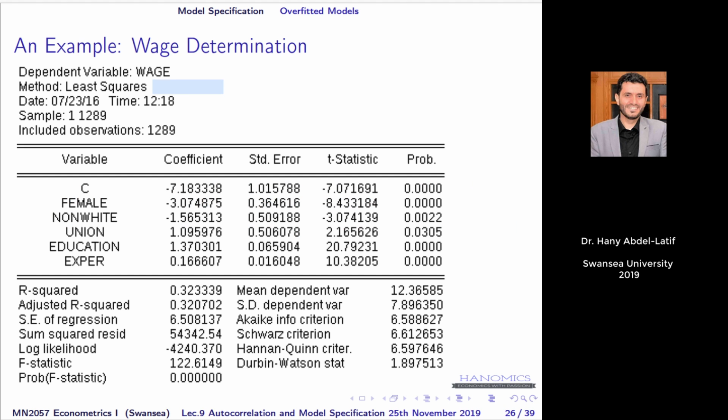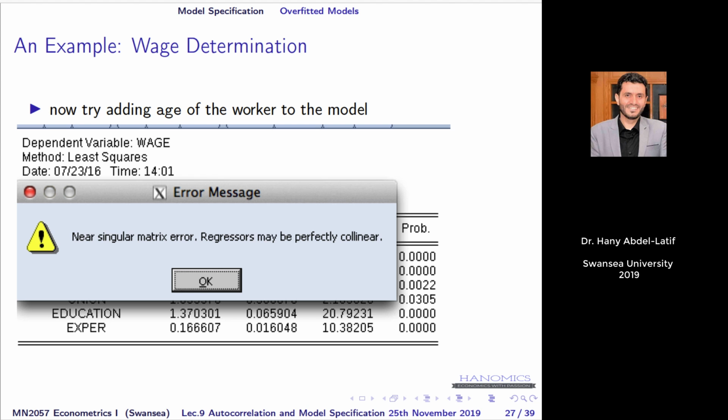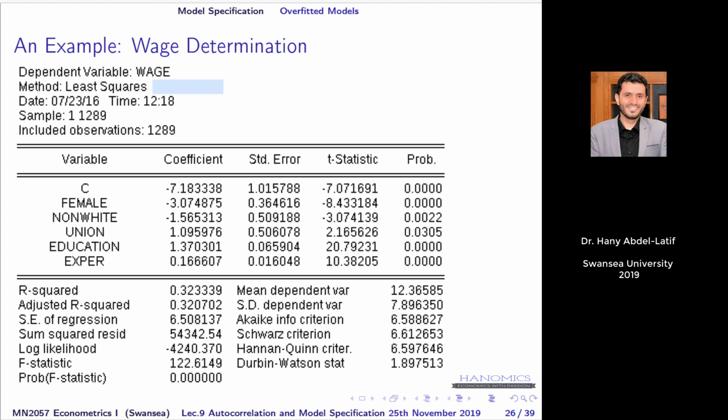In our model here, I'm following the same example, with female, non-white, union, education, and experience explaining hourly wage, and for whatever reason I thought I'd include age.